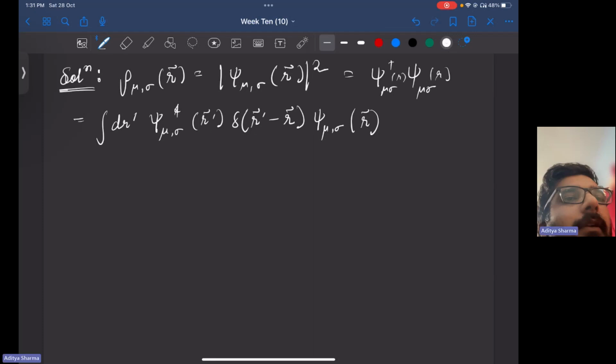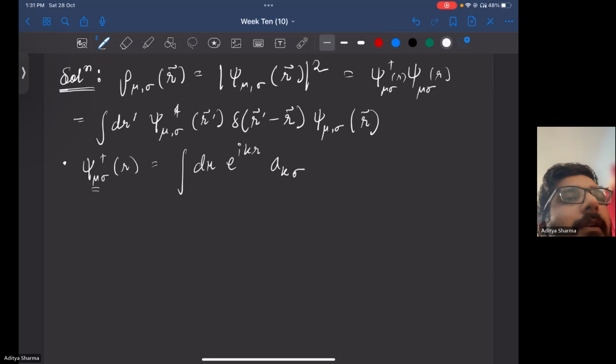So now we know the second quantized versions of these things. The sigma index and mu is an index which we can drop for now.